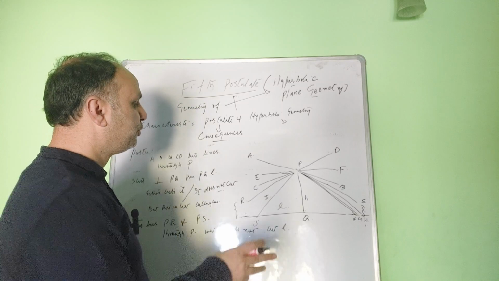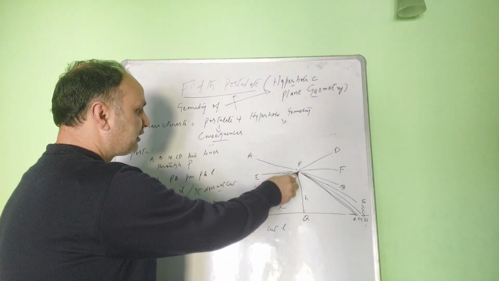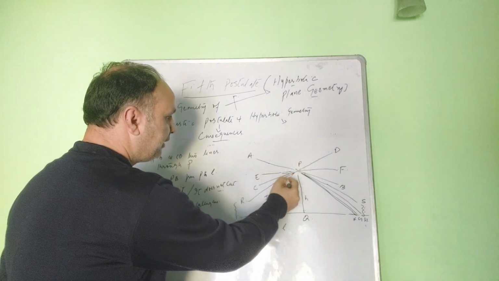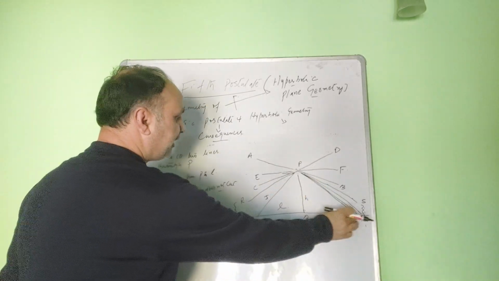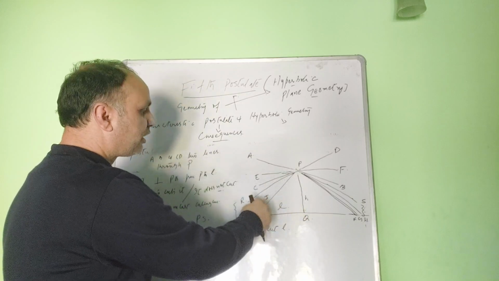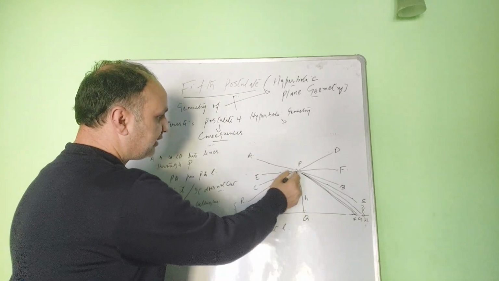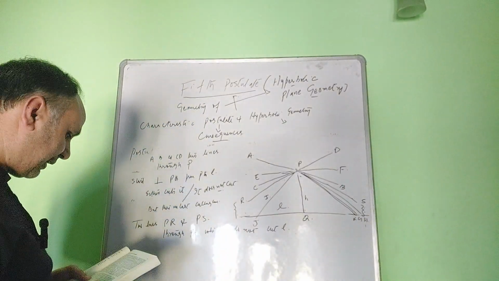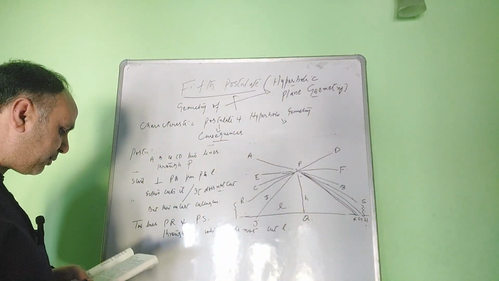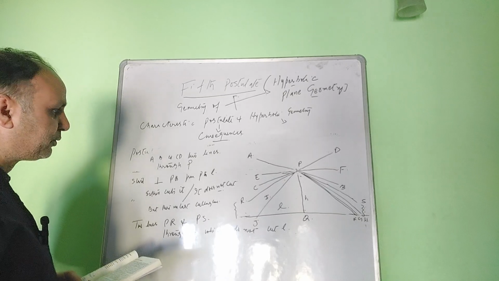So if you assume that they are equiangular, there are these lines RP and PS, which are not going to cut this line L. But below these lines, you can imagine lines like this, and this, and this, which are going to cut this line L. Furthermore, angles RPQ and SPQ are equal.